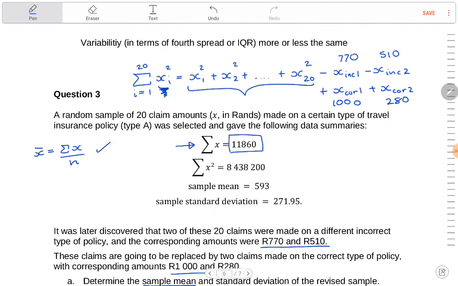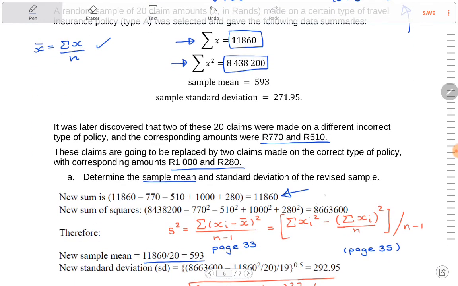So that 770 you now want to square. The incorrect values need to be squared and subtracted, and then you add the squares of the correct values to get the correct sum of x squared. If you evaluate this, this is 8,438,200. That's this value here. And then you adjust it like that. Then the final value that you should get is this, which is slightly different to the original value.